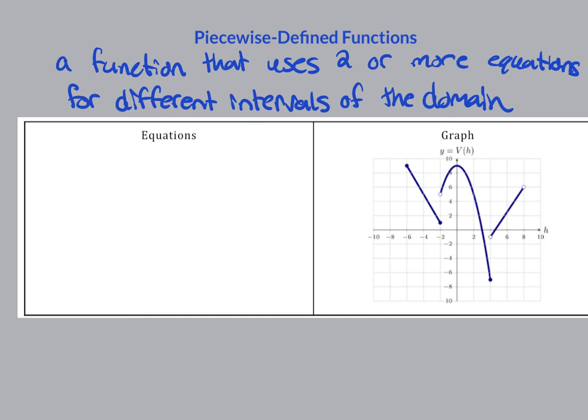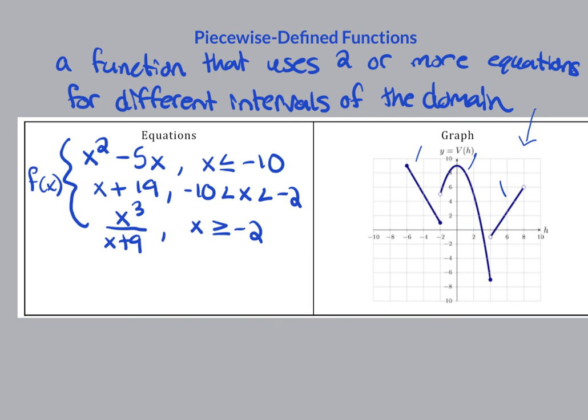So as you can see here, here's a general graph of what a piecewise function looks like. It's like part of a function and then part of another function and then part of another function all pieced together. And here's what a set of equations might look like. You might want to pause the video and write these equations down.